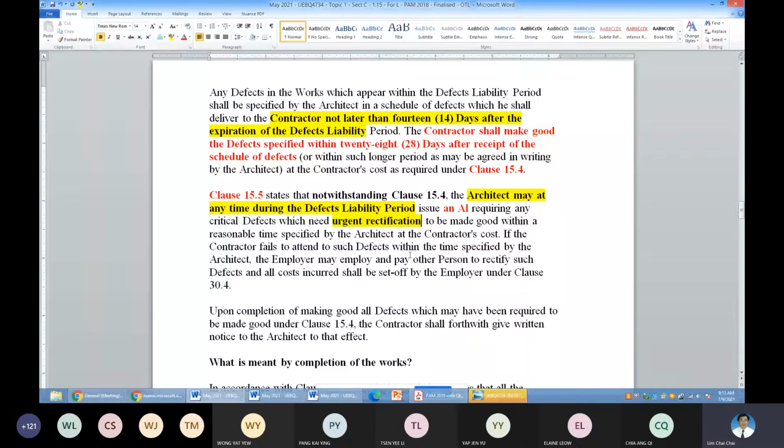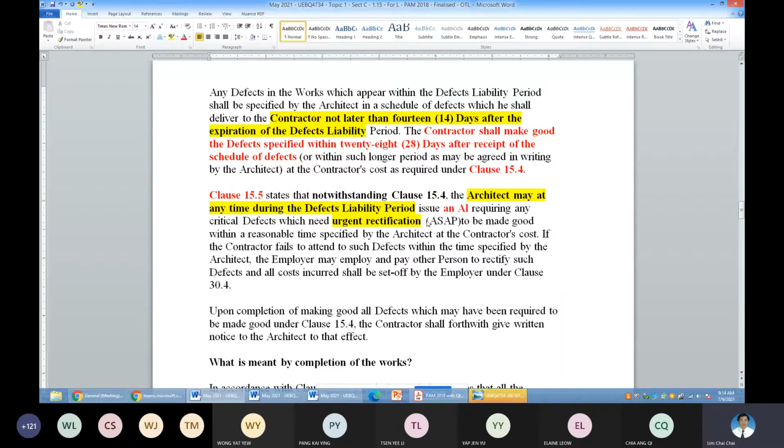The urgent rectification, for example, the pipes are leaking, the pipes are clogged up and so on, that are related to something critical, where the end user's comfort must be taken into consideration. So more often than not, the urgent rectification has to be done ASAP. This is the ASAP category.